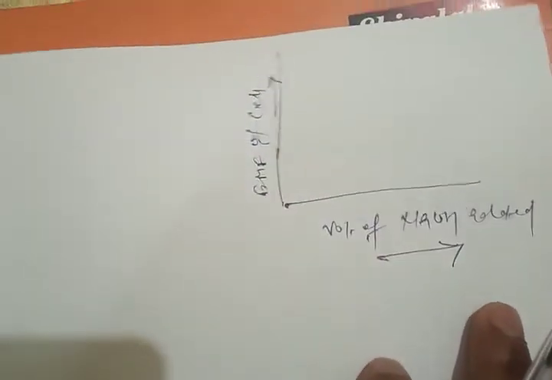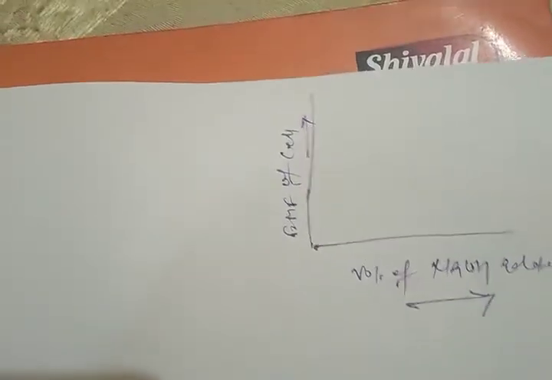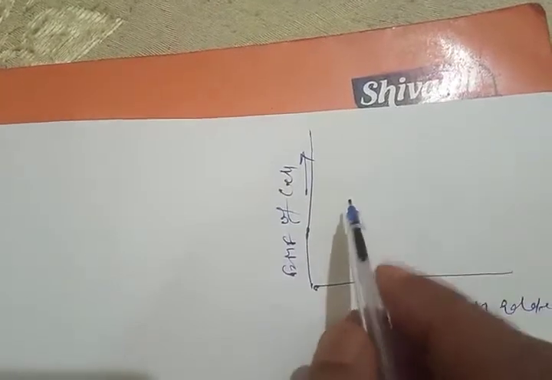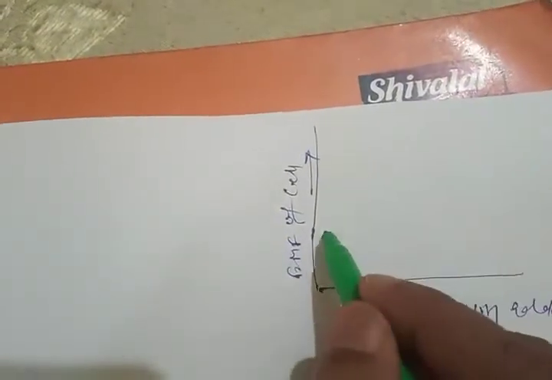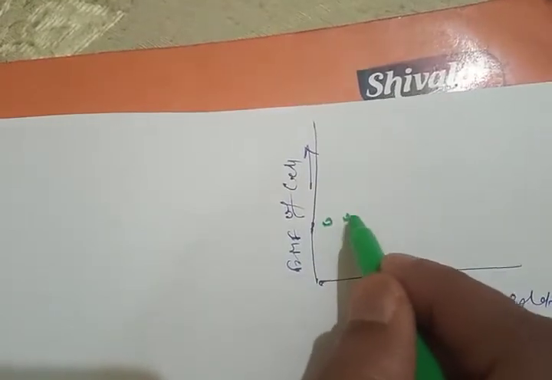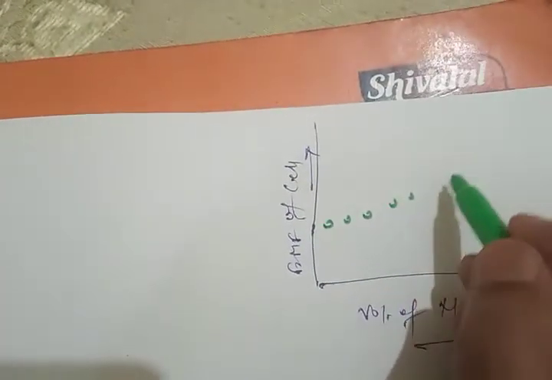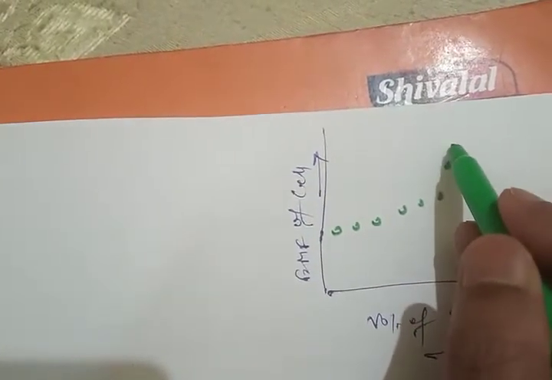When you start the addition of NaOH in the beaker, the EMF value will start like this, then this, and then this.